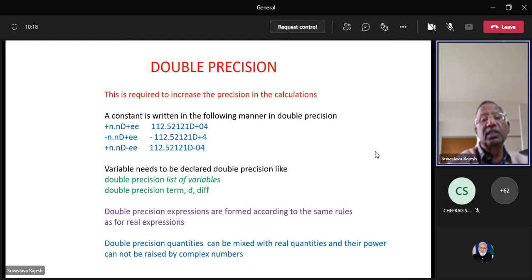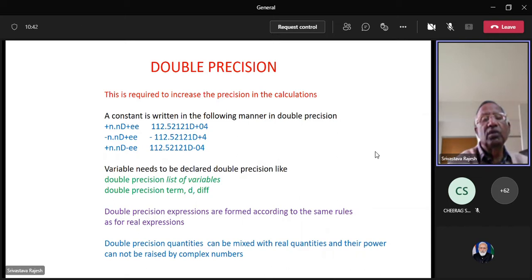So after 16 decimal, it will consider and then truncate. It's not necessary that if I write D here and put 12 decimal places, then it will take it in the calculation. But otherwise, if you write in single precision, which is normal programming, then it will say that you cannot take after decimal.